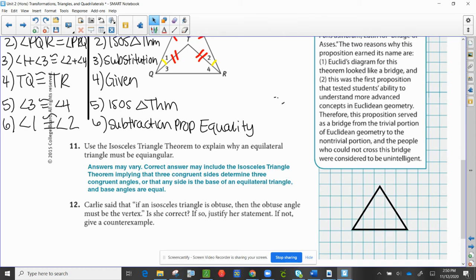This looks pretty equilateral. So in an equilateral triangle, all sides are congruent. So according to this, then, your base angles would also have to be congruent. But if they're all the same side, they're all going to have equal angles as well. Okay, so just know that about an equilateral triangle. All the sides are congruent as well as all the angles.